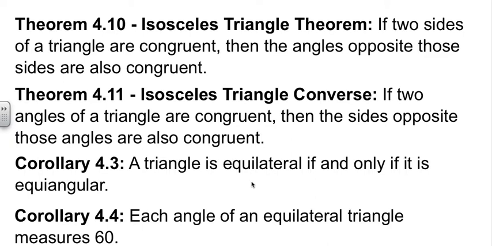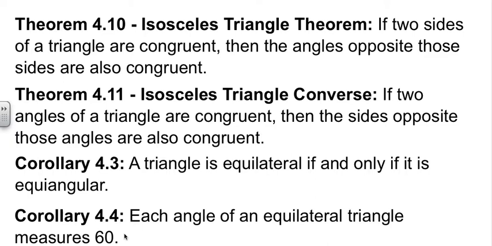And this idea comes from these two theorems. Congruent sides mean you have congruent angles. Well, if all three sides are congruent, then all three angles are congruent. And furthermore, if you have an equilateral triangle, you know each of the three angles has to be 60 because they have to add up to 180.